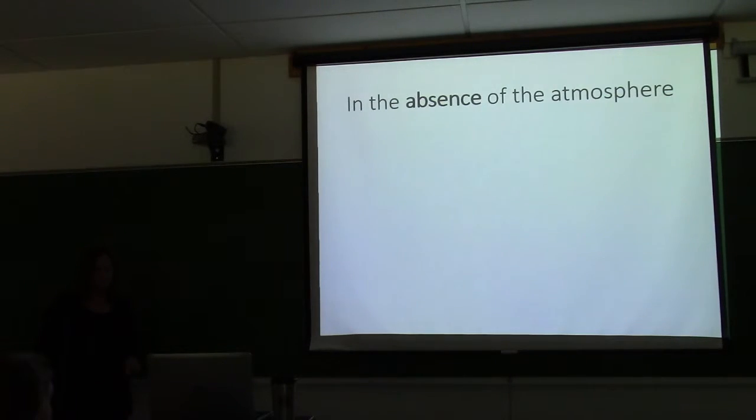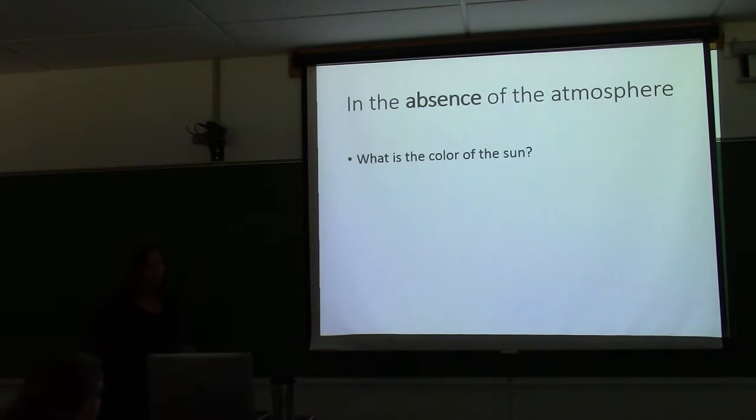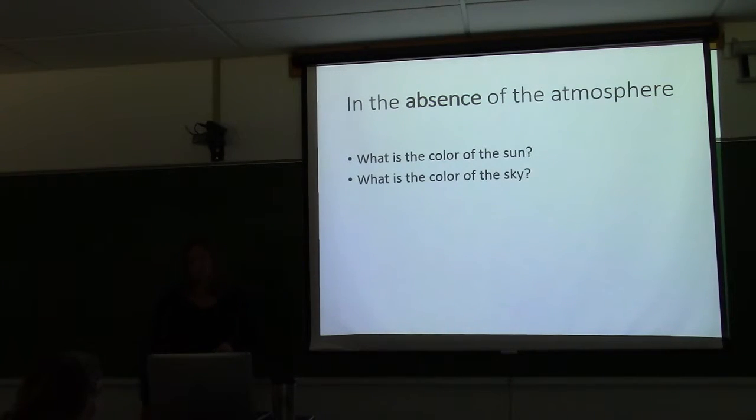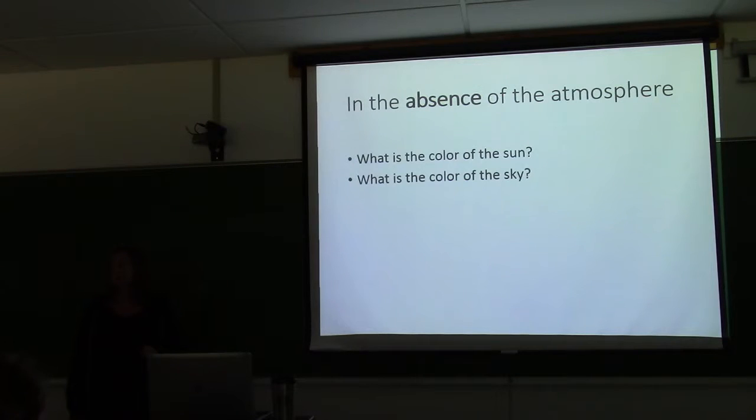Okay, so in the absence of an atmosphere, the color of the sun is white, right? What's the color of the sky in the absence of an atmosphere? Yeah, what'd you say?